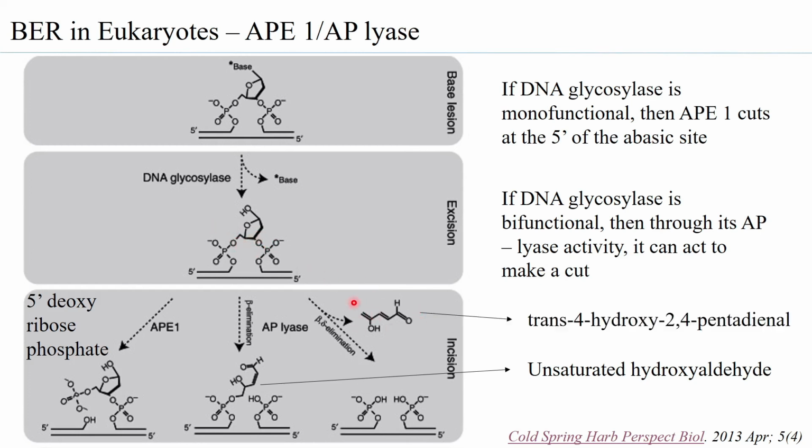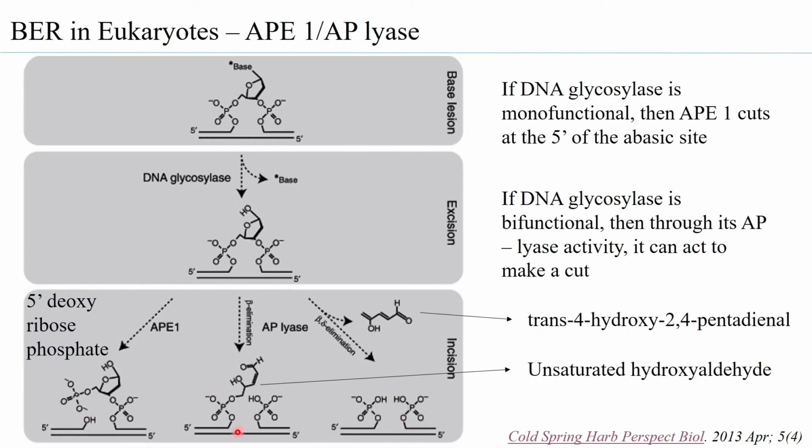What is released is a trans-4-hydroxy-2,4-pentadienal. So the ribose is removed in this form, and what it leaves behind is, at the 3' end, a phosphate group and at the 5' end also a phosphate group. So this is what happens next after the DNA glycosylases come and do their job.